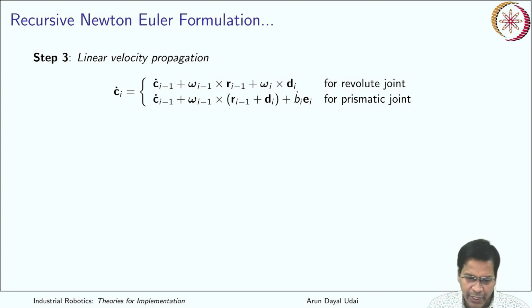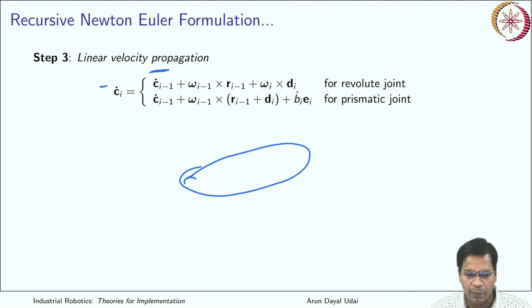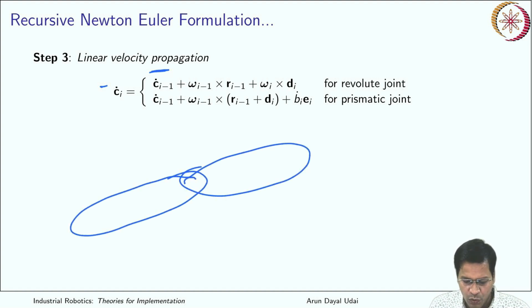This time, this is your CI, the center of mass, whose velocity I want to find out. Again, this link is riding upon the previous link, so it sees a velocity contributed by the previous link, which is here. You have a velocity over here given by the CI location, CI dot is its velocity, and you have the angular velocity omega I minus 1.